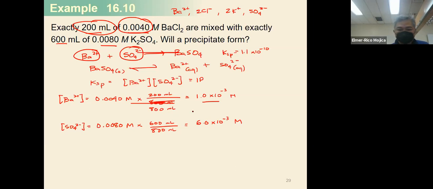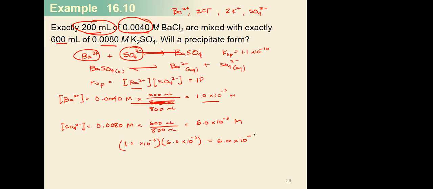So what you're going to do, you have that as this concentration, and then you have this. So that will be equal to 6.0 times 10 to the negative 6.